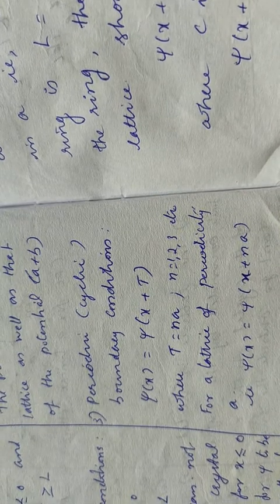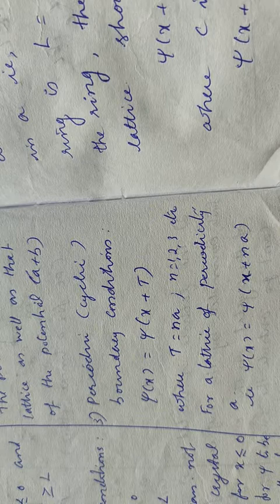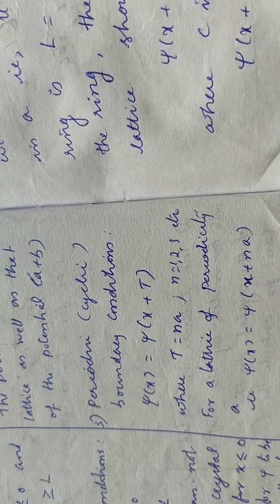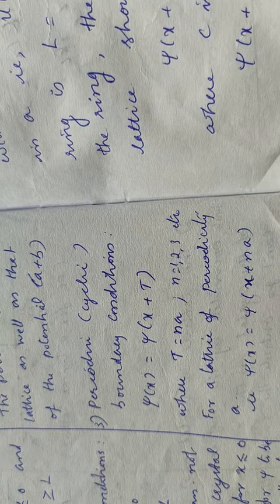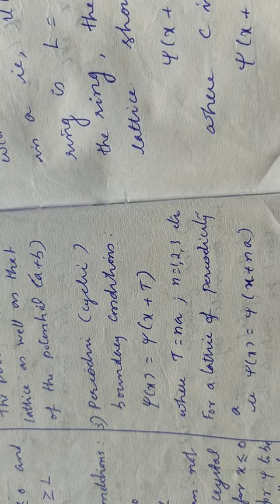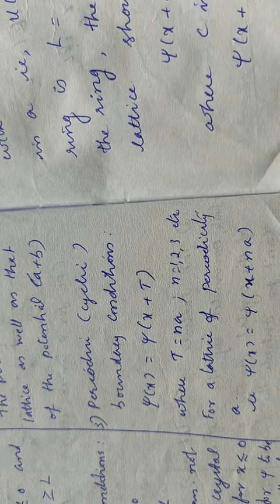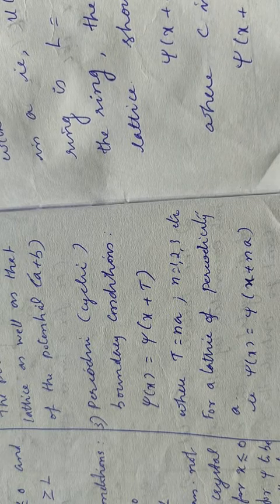So psi of x is equal to psi of x plus T, where T is equal to n into a, where n is equal to 1, 2, 3, etc., for a lattice of periodicity a, that is psi of x is equal to psi of x plus na. Okay, so these are the differences between the free electron model and the nearly free electron model.